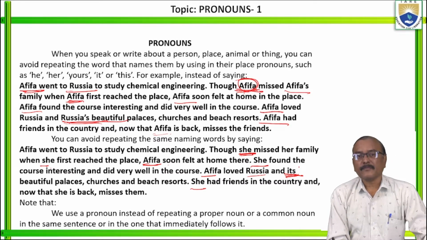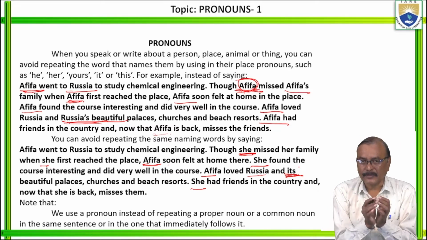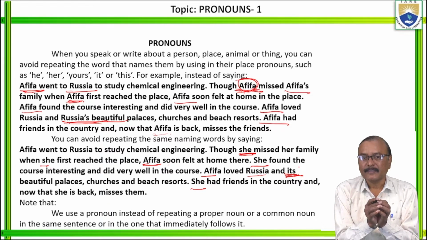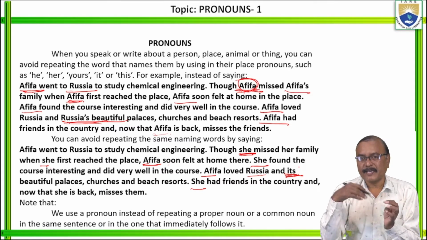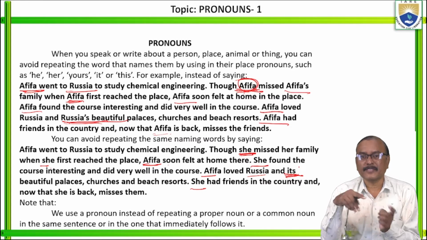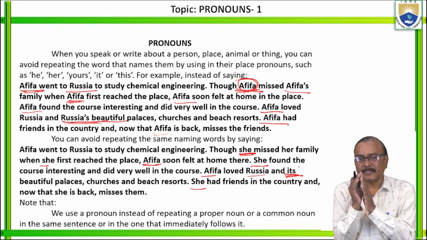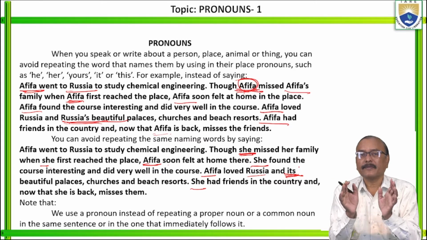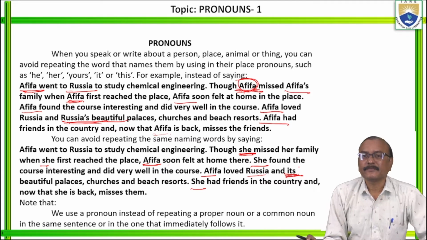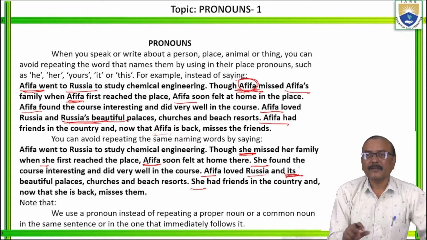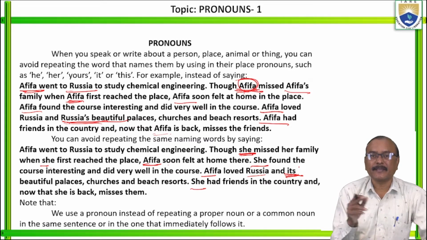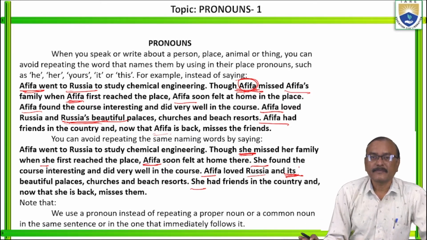So after using one noun, in the second or third sentence, if you want to use the same noun, better use a pronoun. Is it clear? Don't repeat the same noun again and again two or three times.